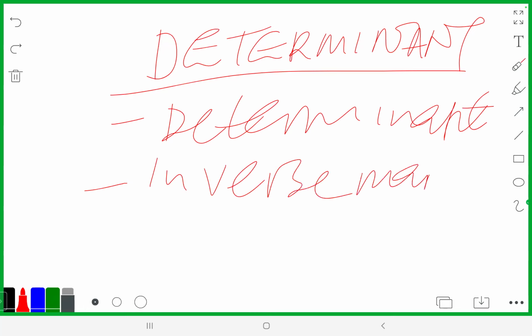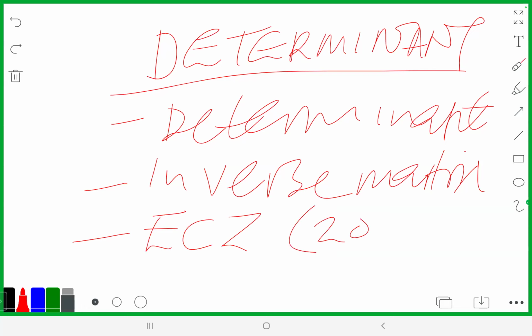So we'll learn how to invert matrices. Once we learn how to find the inverse of a matrix, we will pick a question from the Examination Council of Zambia, ECZ. This is the 2022 paper, a practice and exam question. And this is how we are going to do it.